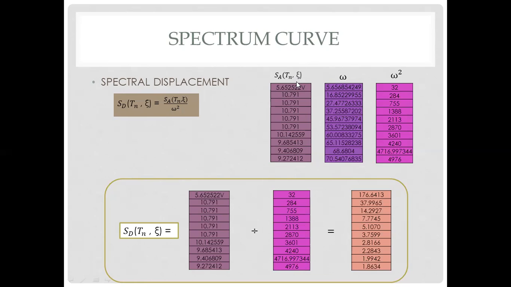Meron na tayong na-solve kanina na spectral acceleration at saka meron naman tayong given na modal frequency, squared na lang natin. So, ito na yung squared ng modal frequency. So, divide lang natin tong dalawa. So, ito na yung results ng spectral displacement.